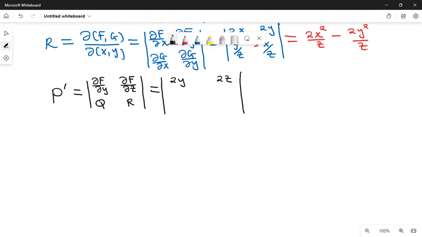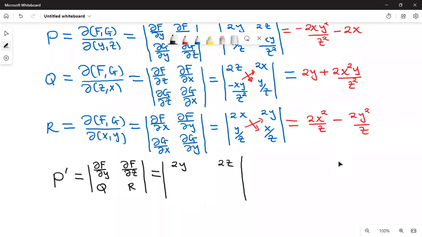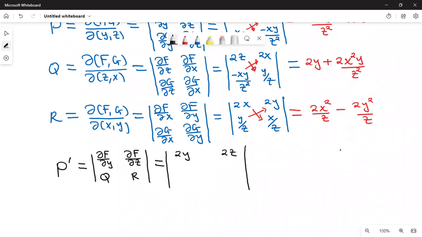Then we replace the value of q. Let me check. We got 2y plus, that was 2y plus 2x squared y over z squared. That is q.